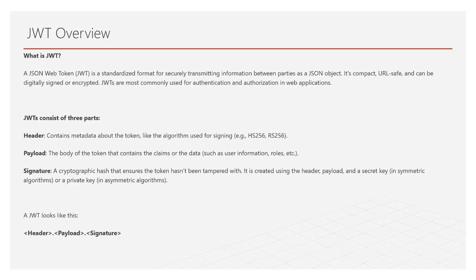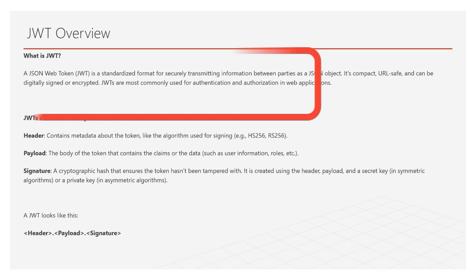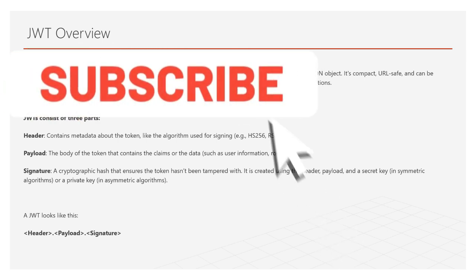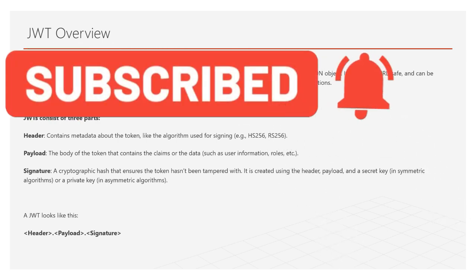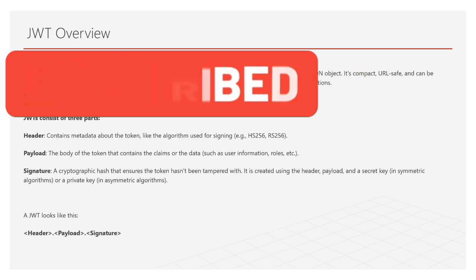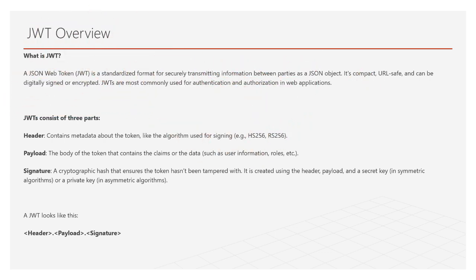JWT, JSON Web Token, is a token which underneath uses an algorithm, because if you are trying to make something secure, there has to be some algorithm used for signing it, right? So there is the HS256 algorithm, there is the RS256 algorithm, and that's what we make use of. That is part of the header of the JWT.